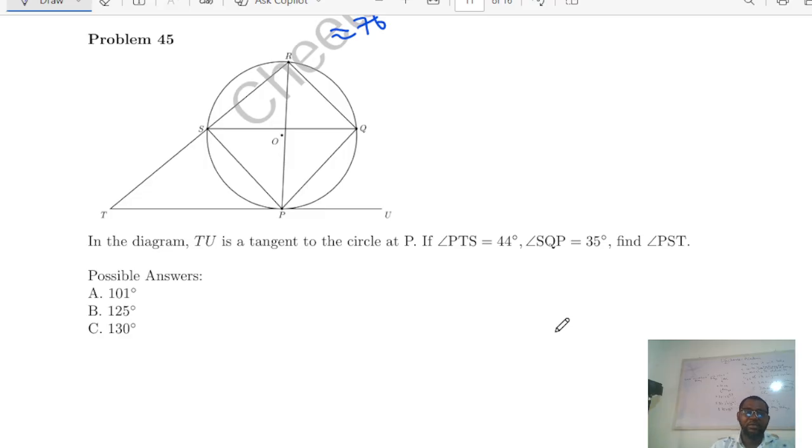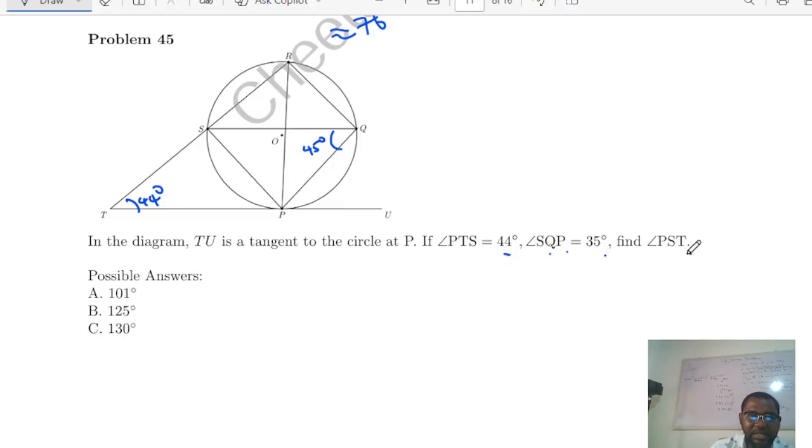Now, question number 45. In the diagram, TU is the tangent, so this is a tangent. A tangent is any line that touches the circumference of the circle at P. If angle PTS is 44 degrees, so here 44 degrees, and angle SQP is 45 degrees, that means here 45 degrees.